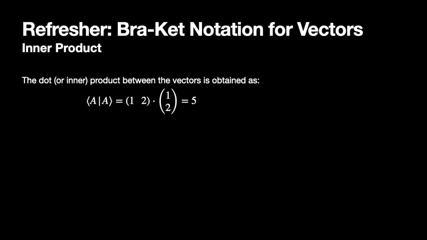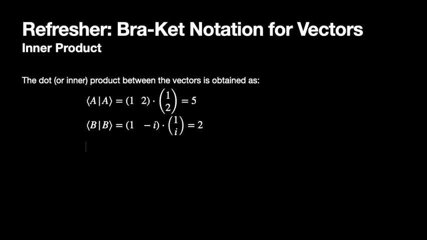And the result we obtain is a real number in this case with the value 5. Now we can do the same operation with our complex vectors. So for instance, we have ket B coming together with the corresponding bra B. This time when I take the dot product, the net result is the real number 2.